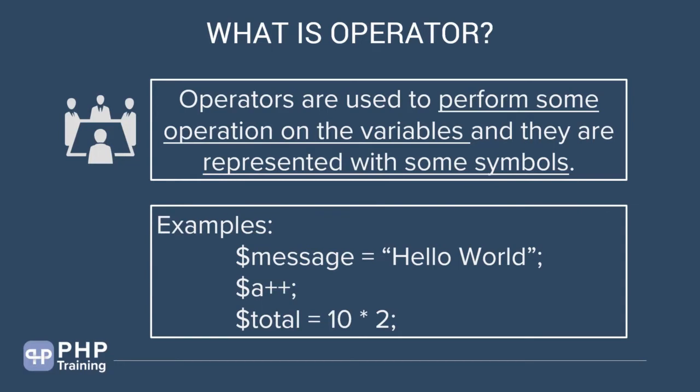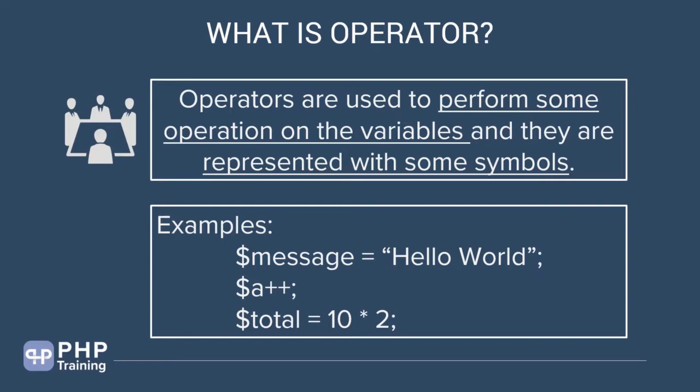Some examples of operators: equal to, which is an assignment operator; plus plus is an increment operator; and the asterisk is called the multiplication operator. These symbols have special meaning in the programming world, especially in C, C++, Java, PHP, and Python. Most programming languages depend on these symbols to do operations on the variables.